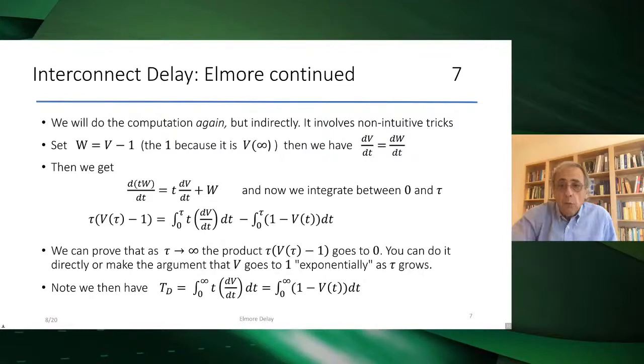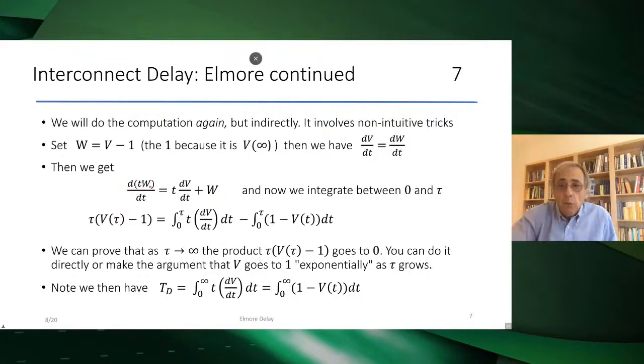It's extremely difficult. You can get it eventually, but as you can see, it's a very convoluted computation. So let's try to do a trick. Let's define W as the voltage minus 1. The derivative doesn't change. We take the integral of this product.